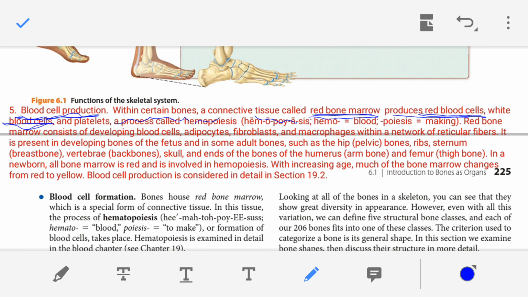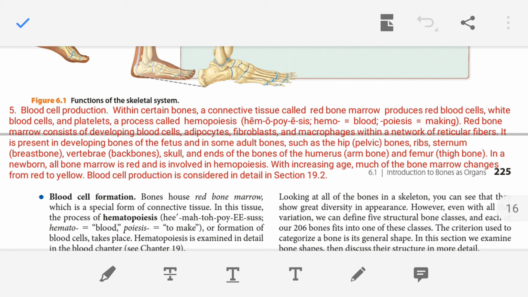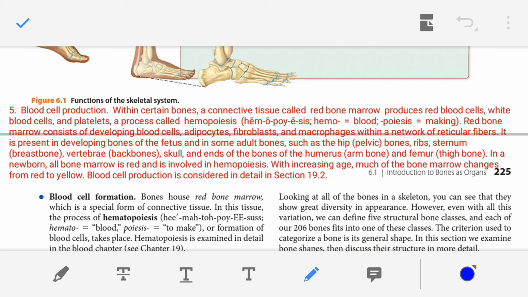WBCs are formed by red bone marrow, and the platelets are formed by the red bone marrow. The process for the formation of blood cells is known as hemopoiesis. Hemo means blood and poiesis means making.